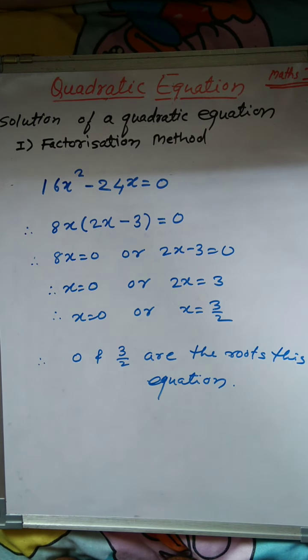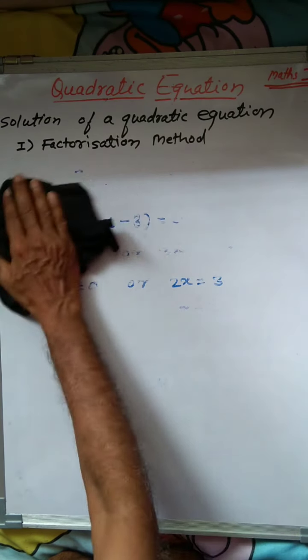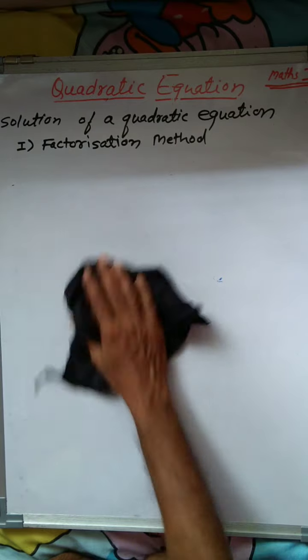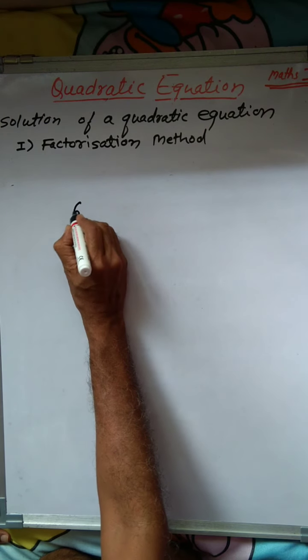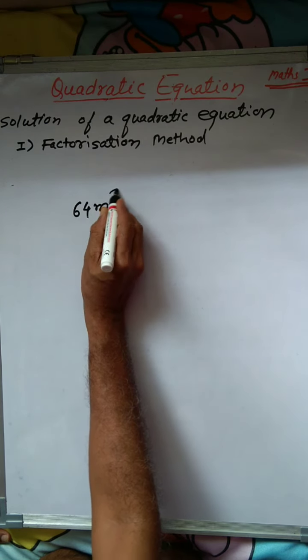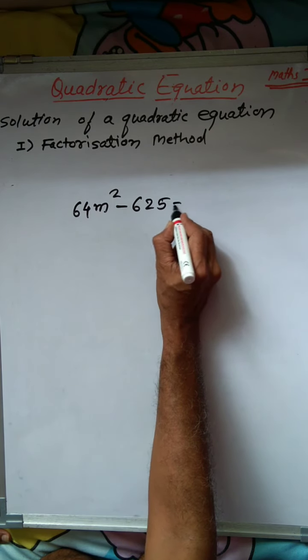Now we take another example. 64m square minus 625 is equal to 0.